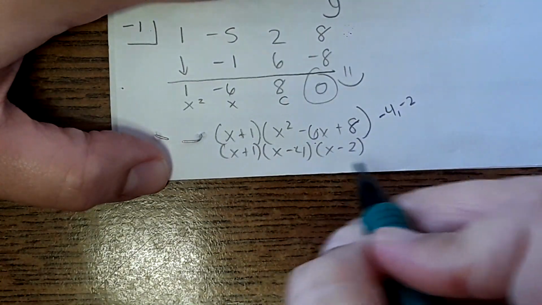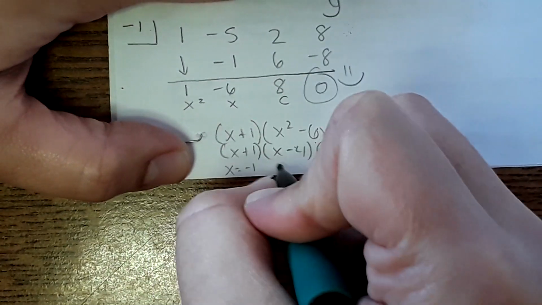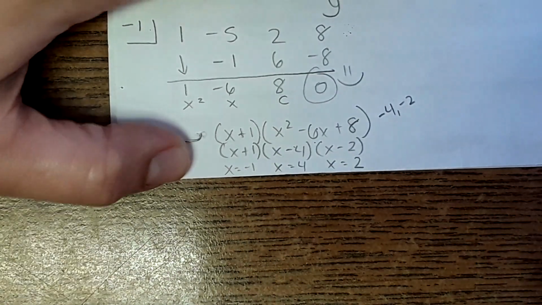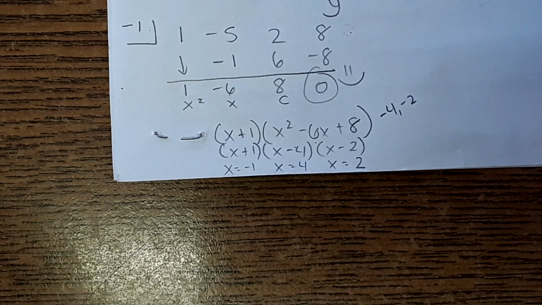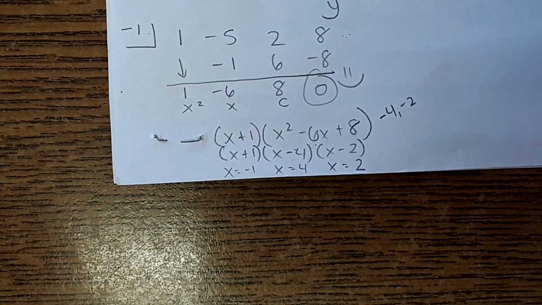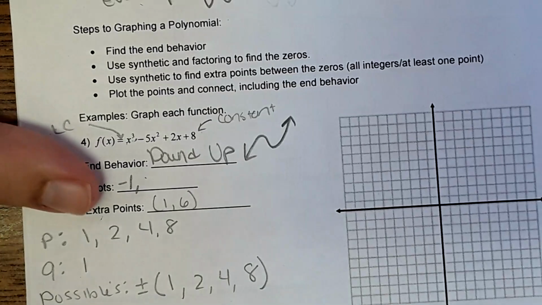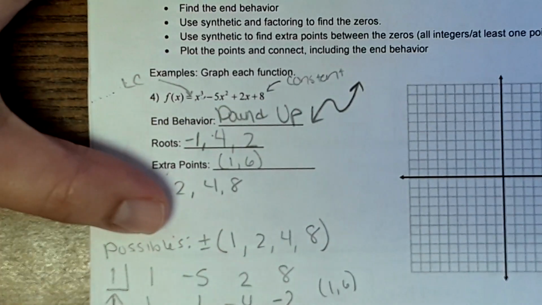If I set each of these equal to 0 and solve, I'd get x equals negative 1, x equals 4, and x equals 2. And those are my roots: negative 1, 4, and 2.